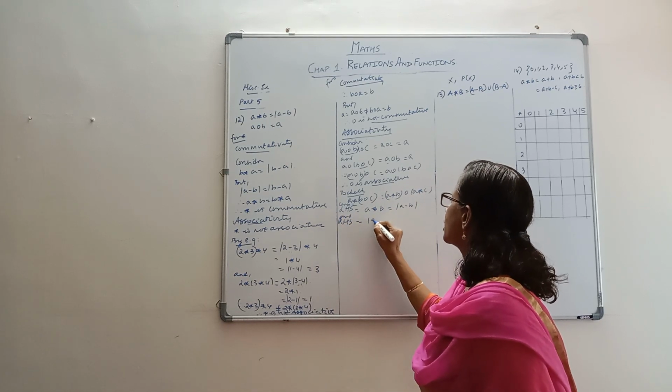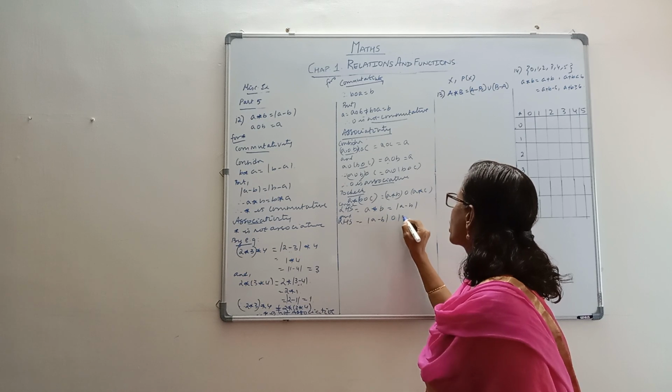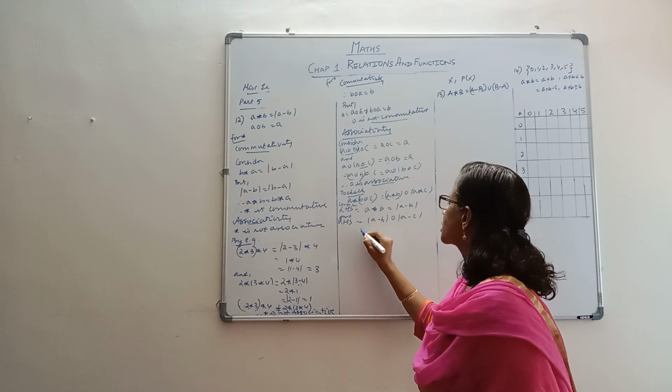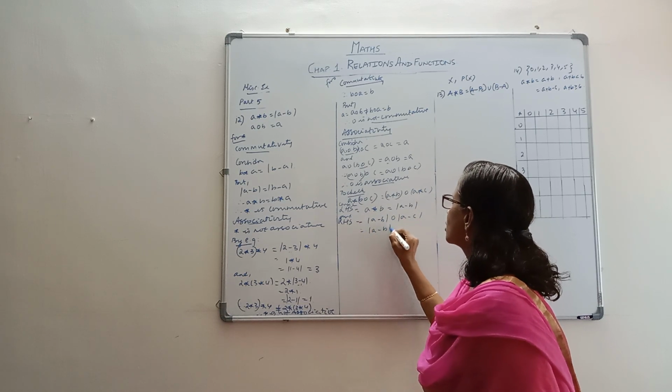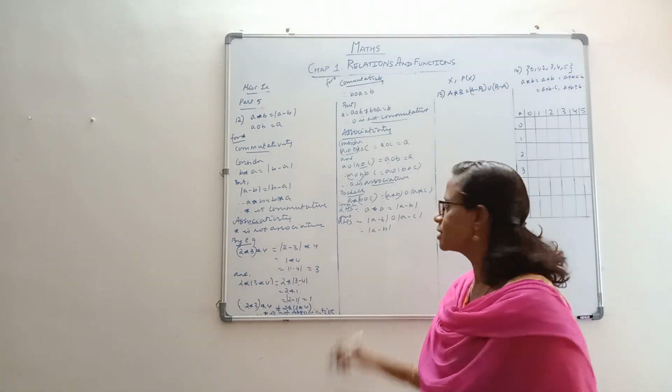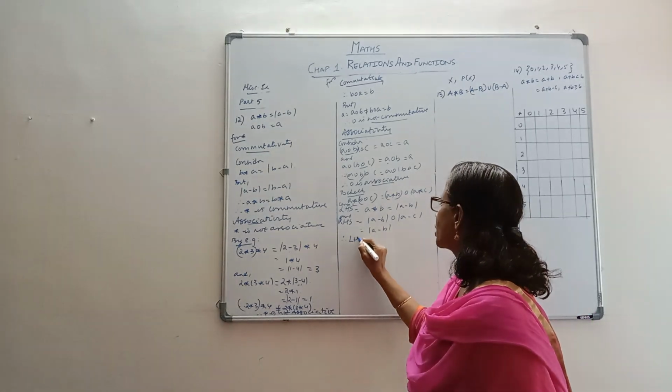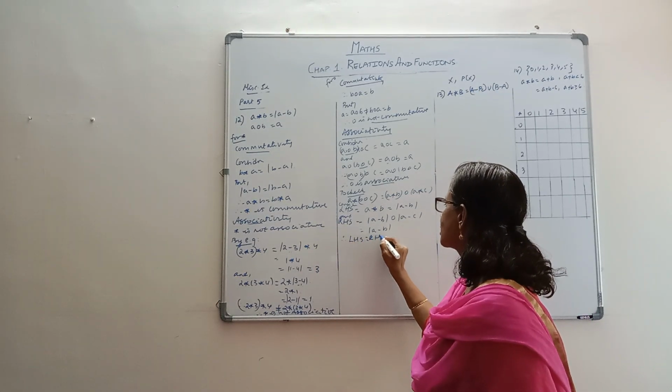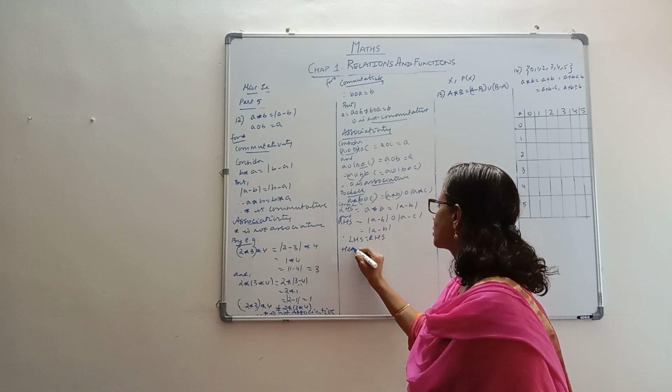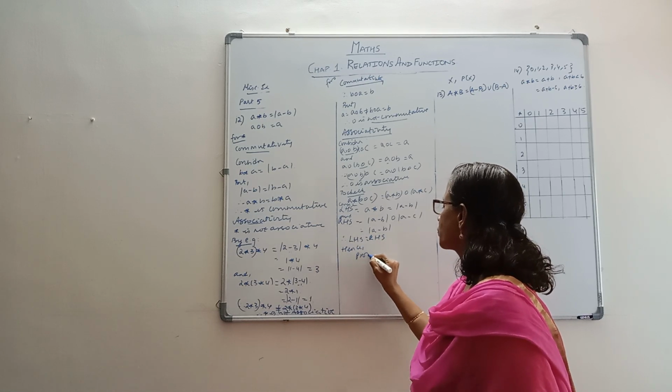A star B is A minus B, O, A minus C. O means first element, A minus B. So LHS equal to RHS. They had asked us to prove that.